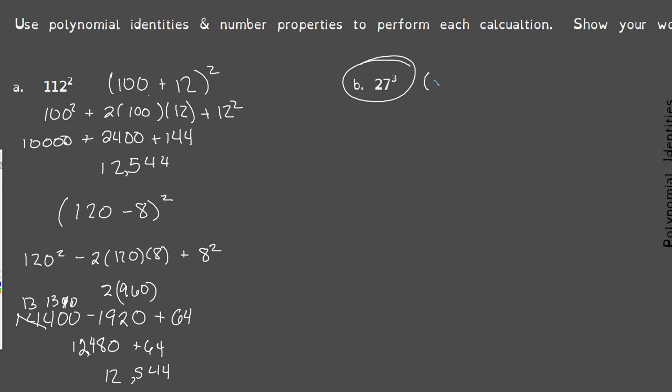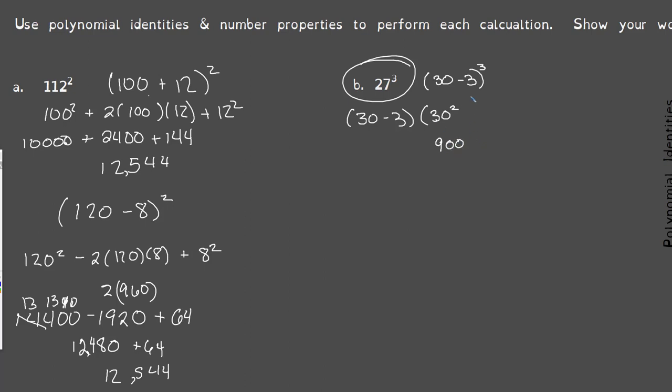So I think about 27 as 30 minus 3 cubed, which is 30 minus 3 times, what's 30 squared? 900. 3 times 3 is 9.